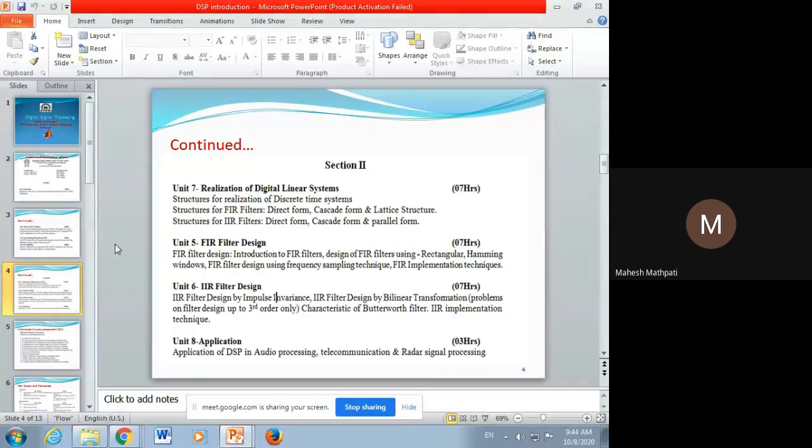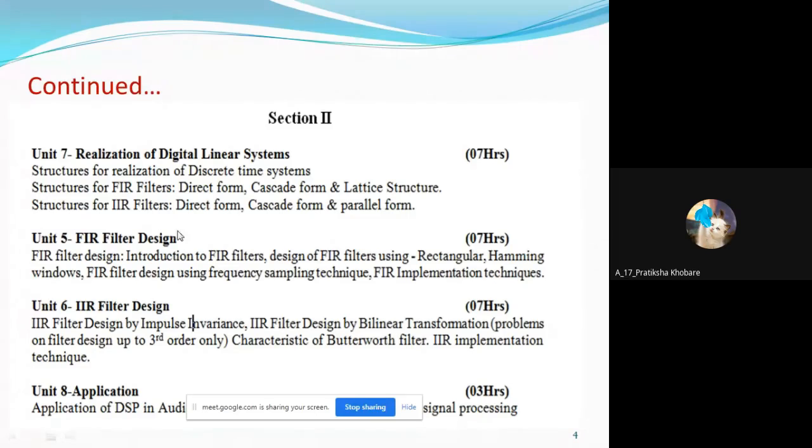Is my screen visible? Yes, sir. So please note down this Unit 7 syllabus, realization of digital linear filter.